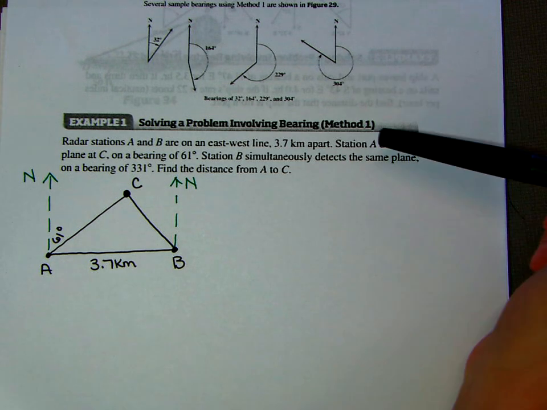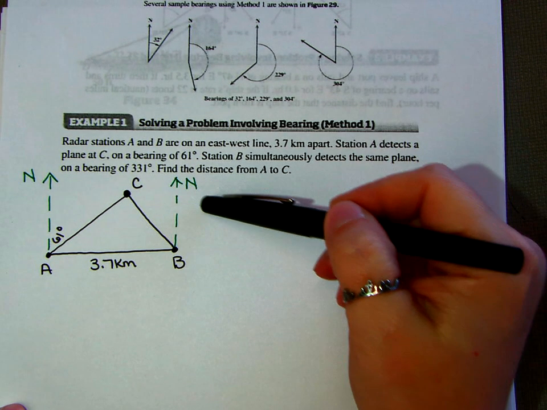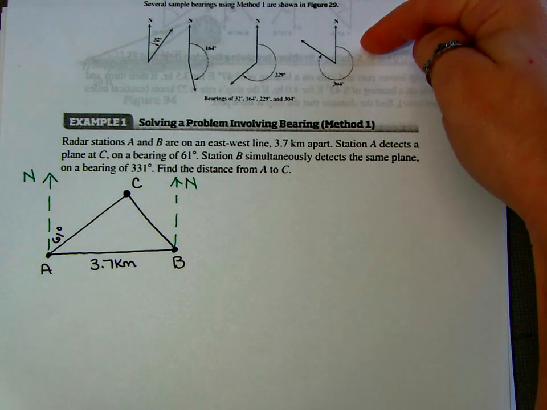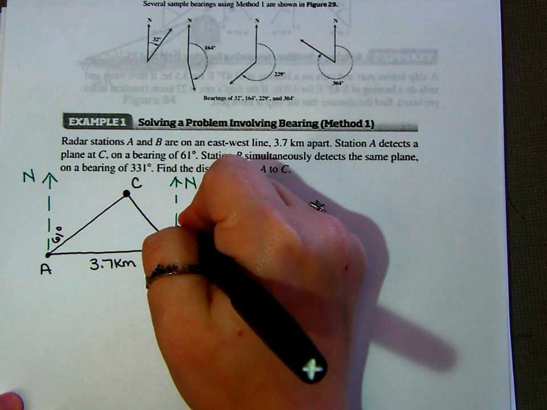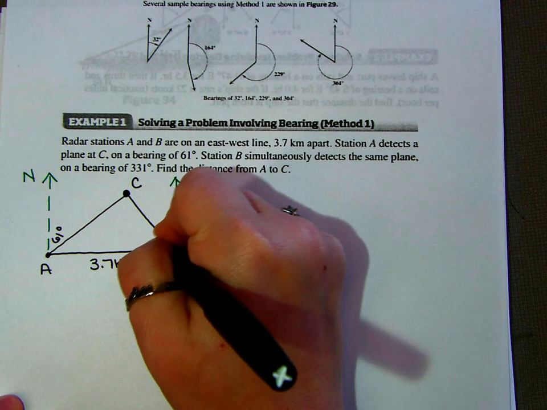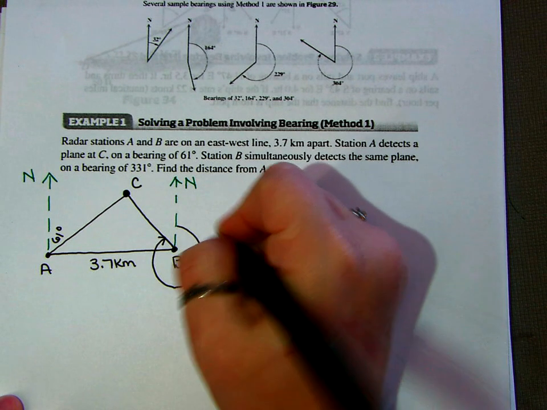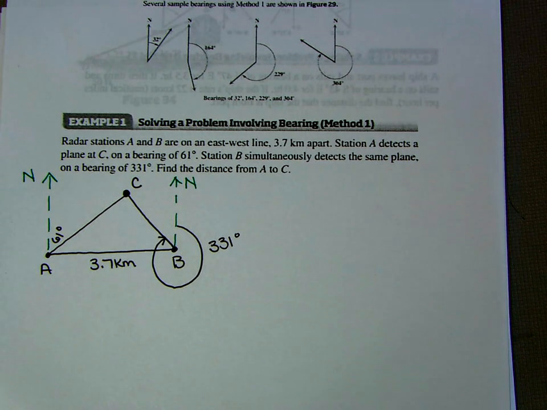Now for station B, we start from the north and we go clockwise 331 degrees. So that's going to look something like this last example over here on the far right, where we're going all the way around until we hit that side of our triangle. That's 331 degrees.